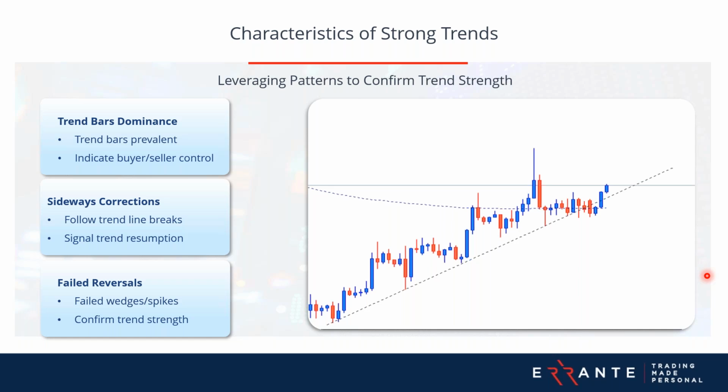When attempts to reverse the trend, like failed wedges or spikes, do not succeed, it underscores the prevailing trend's dominance. Understanding these failed reversals is vital. They serve as reassurance that the trend is not only intact, but also strong, guiding us to maintain or initiate positions in line with the trend.